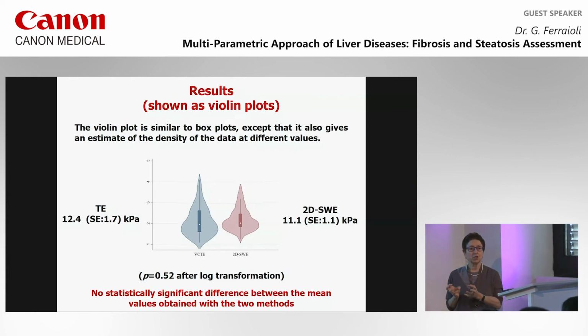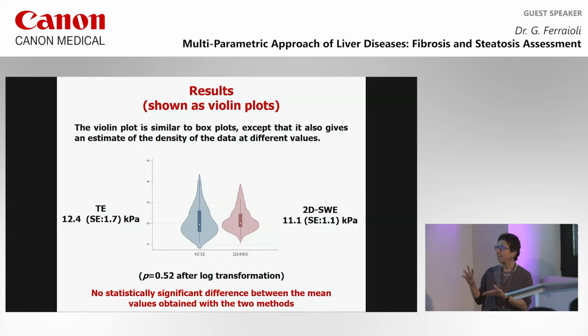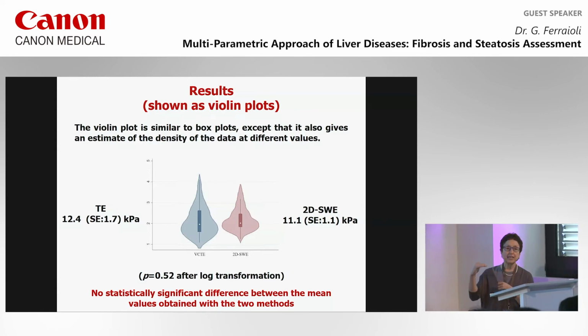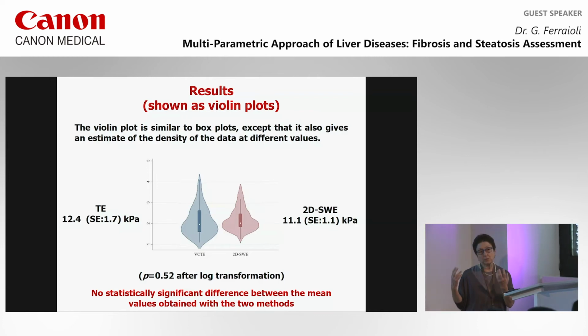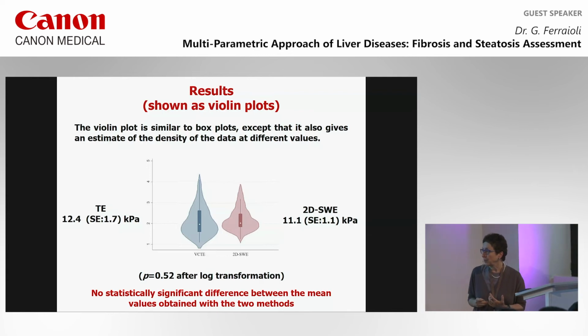They are shown using the violin plot, which is also an estimation of the density of the data at different values. And as you can see, there was not a statistical difference between the values obtained with transient elastography and those obtained with two-dimensional shear-wave elastography.